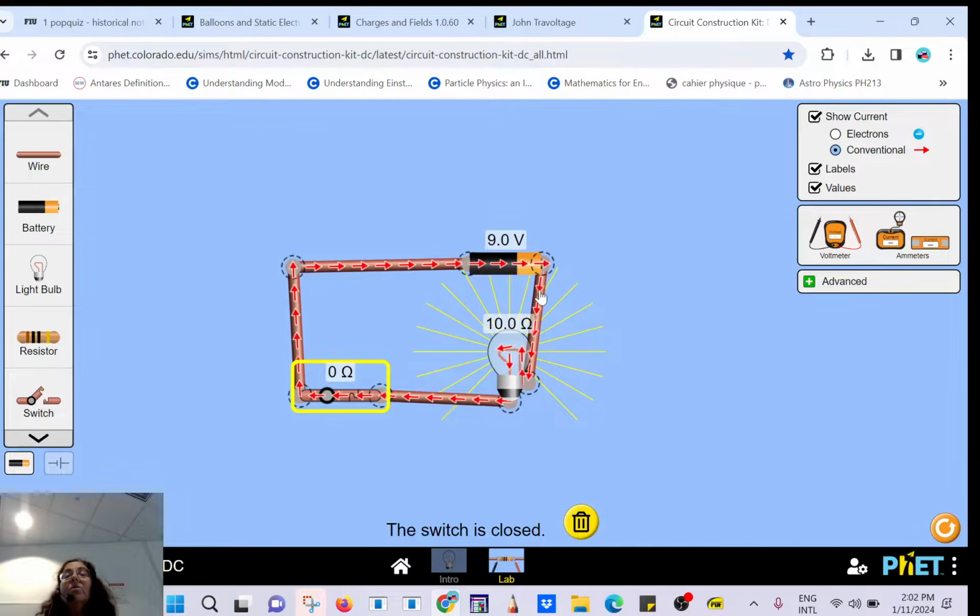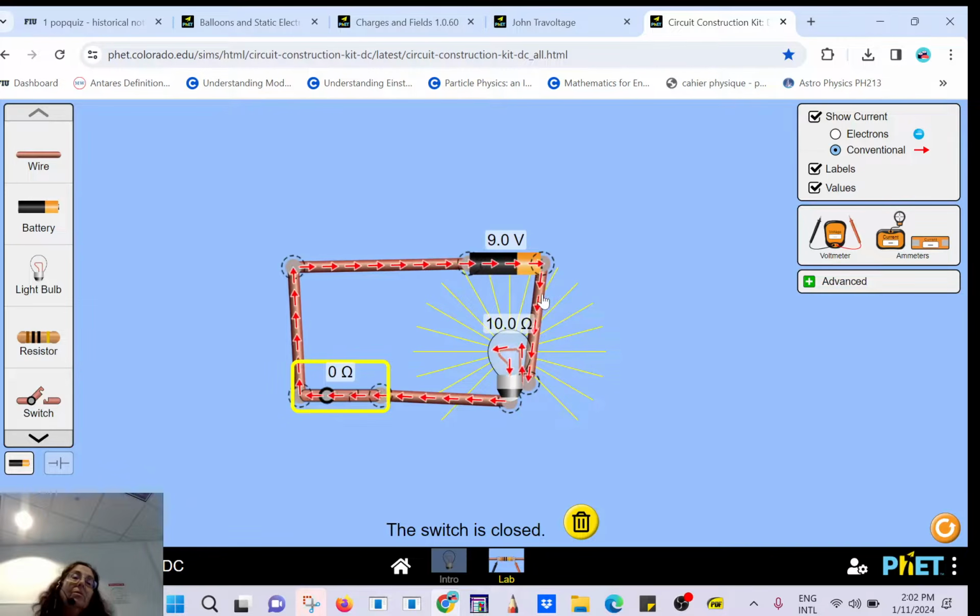And each coulomb of charge will have a potential energy of 9 joule. Okay, so 9 volt means energy per coulomb. Volt is a potential energy, so the voltage is potential energy. So we have 9 joule per coulomb.